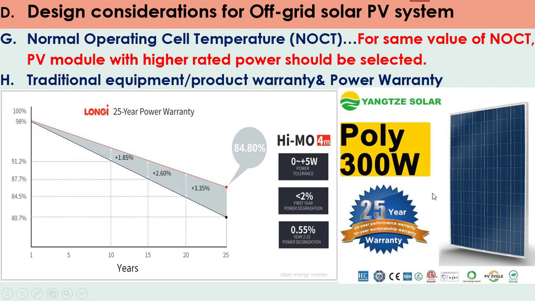This is a very important issue, and whenever we select high quality solar modules, we can see more certifications written in the data sheet of the type of module that we want to select.